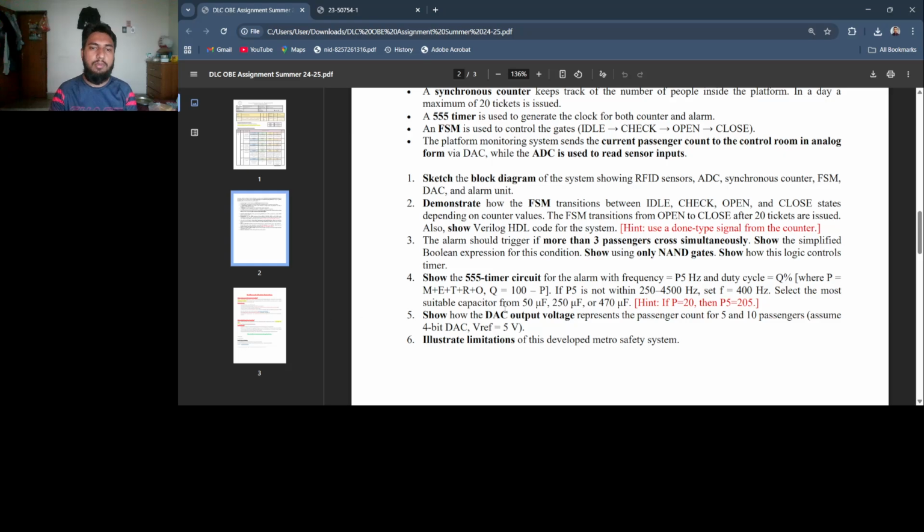Select the most suitable capacitor: 50 microfarad, 250 microfarad or 4570 microfarad. There is a hint that if P equals 20, then P5 equals 205. This hint is used in frequency P5 Hz.